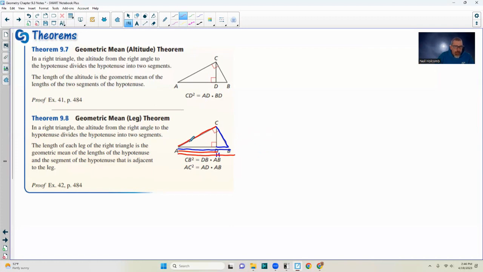It's the hypotenuse of this triangle here squared equals the leg times the hypotenuse of the original triangle. Okay, that's a little bit more confusing. This one's very clear. Okay, the altitude squared is equal to AD times BD. This one's a little bit more confusing, so let's take a look at it in an example.